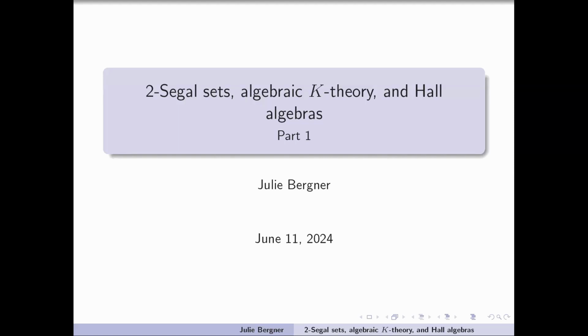So I decided to give a mini course on this theory of two Segal objects. Most of the talk's going to focus on the simplest case of two Segal sets, with an eye towards accessibility, since I know we have a range of backgrounds in the audience. My goal is to make some connections here.